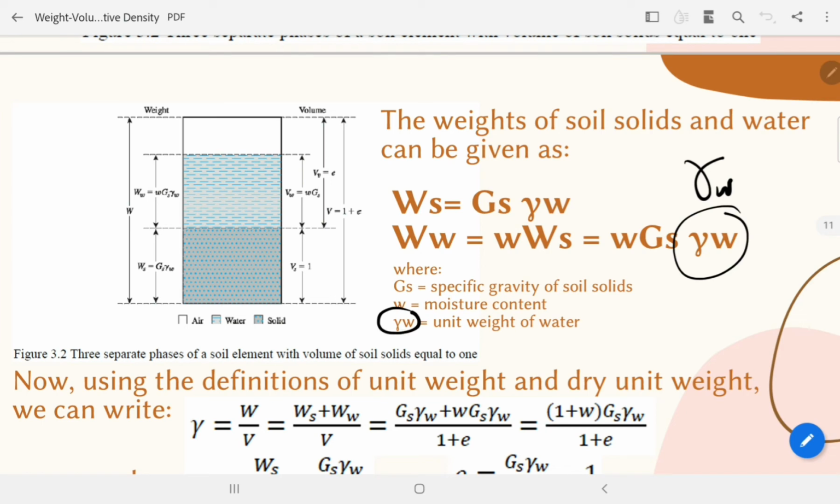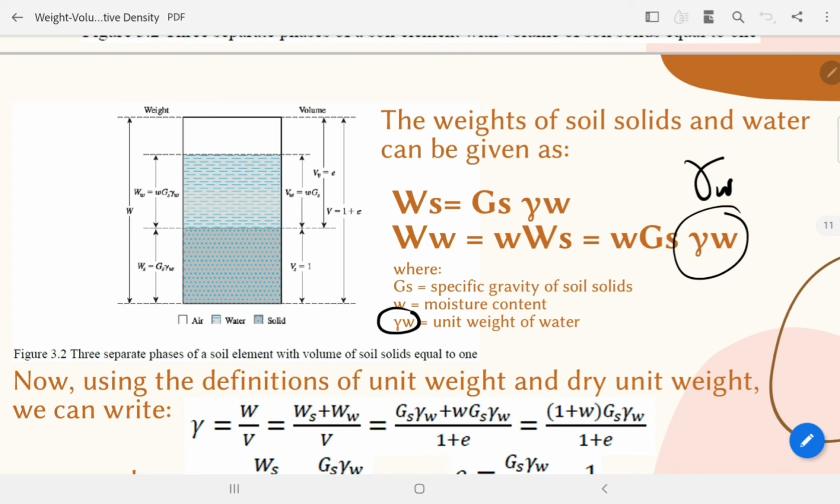Using the definitions of unit weight and dry unit weight, we can write gamma is equal to weight over volume. We all know that. And we can replace again the weight of the soil equal to the weight of the soil solids plus weight of water over the volume of the soil sample.